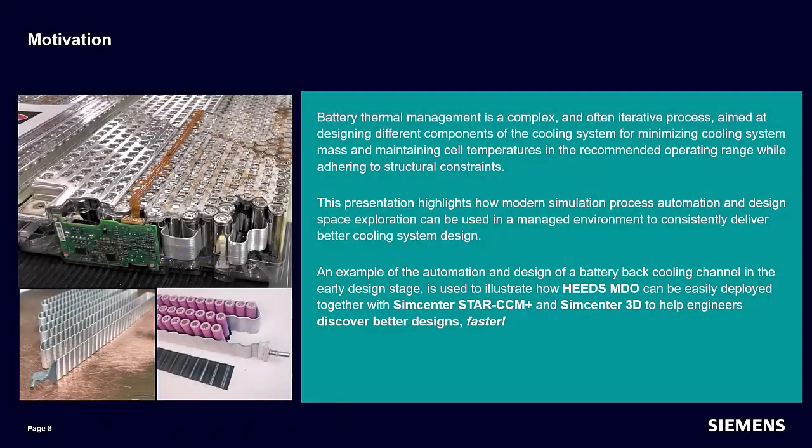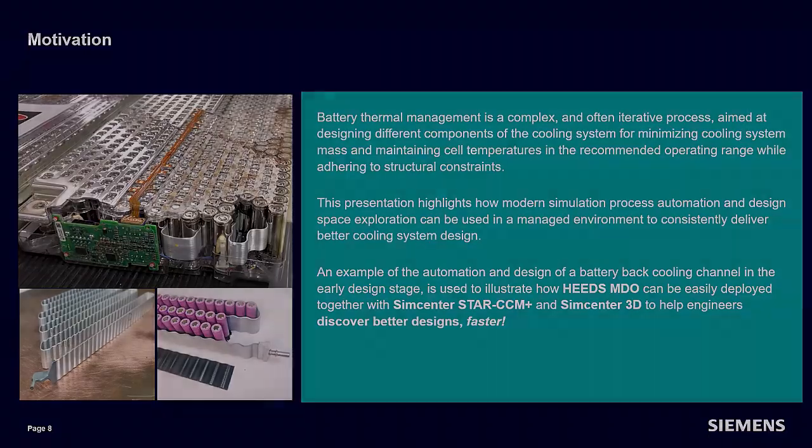In this presentation, we will explore the capabilities of Simcenter portfolio tools in finding an optimal cooling system design for battery packs. Our objective is to ensure the battery pack operates within a specified temperature range considering the electrical load cycle. Additionally, we aim to reduce the mass of the cooling system while adhering to various fluid and structural constraints. By leveraging the Simcenter portfolio suite, we can effectively address these challenges and achieve an efficient and lightweight cooling solution for battery packs.